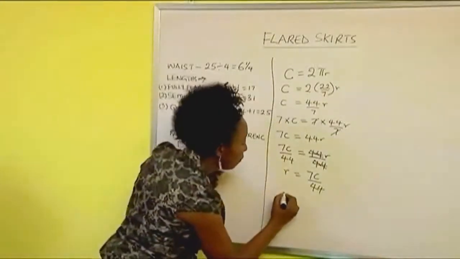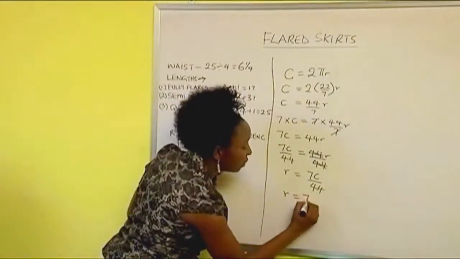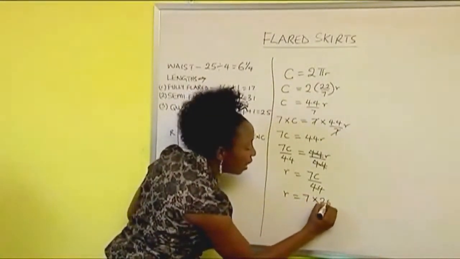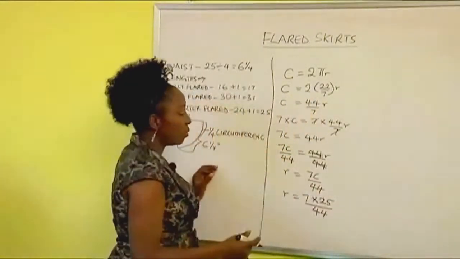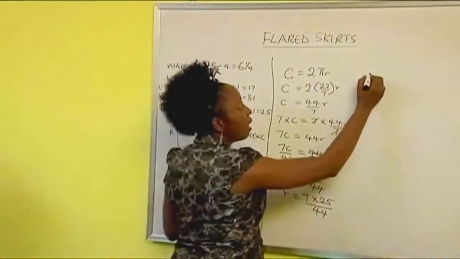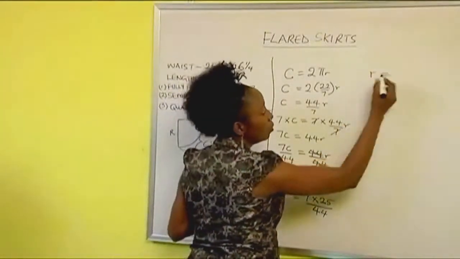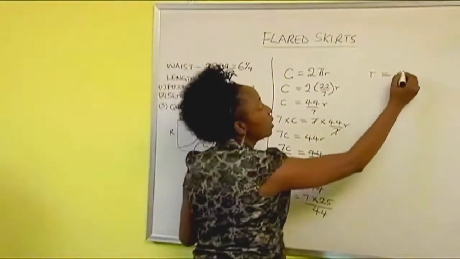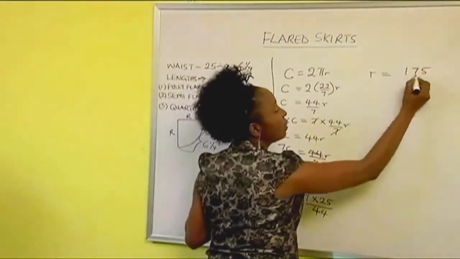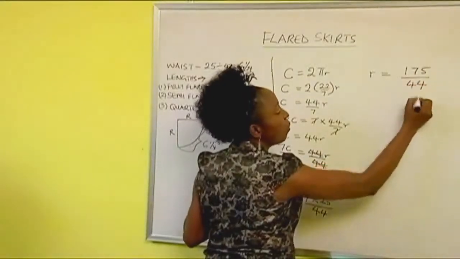So that will give me r equals 7 times 25 divided by 44. Let's go back up here. That will be r equals, if we calculate 7 times 25, you get 175. You get 175 divided by 44.